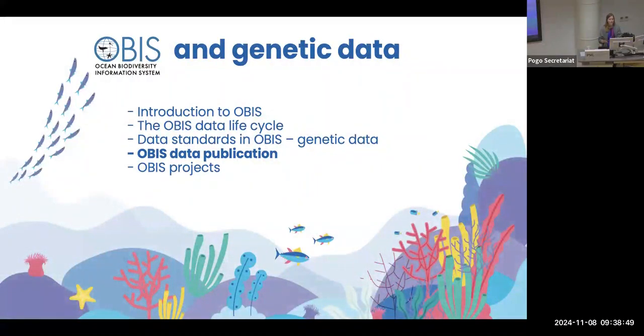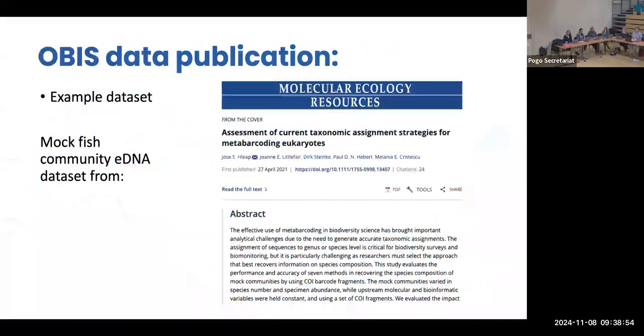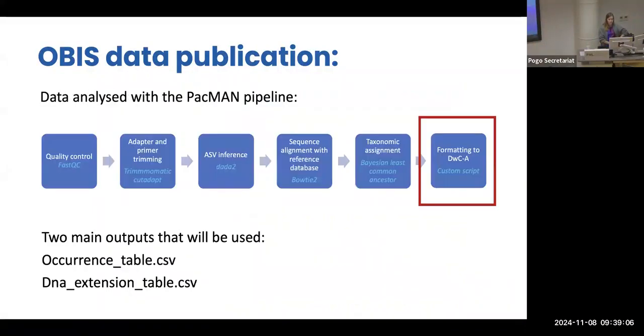So just a quick note of how OBIS data publication usually works. This is actually what I also talked about last year. I'm just gonna have the first few slides that I had last year on this. We use the PacMan pipeline, a bioinformatics pipeline that's developed for the PacMan project.